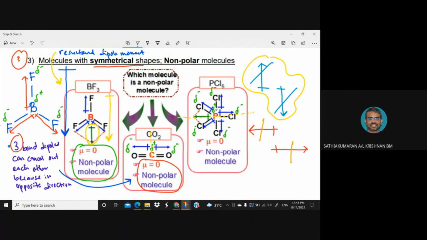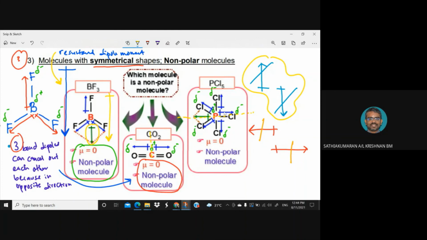Okay. Now for these 3 bond dipoles, you have to use this concept. Sorry, class. For this one, we follow this concept. You can use up, down, or left, right, your wish.